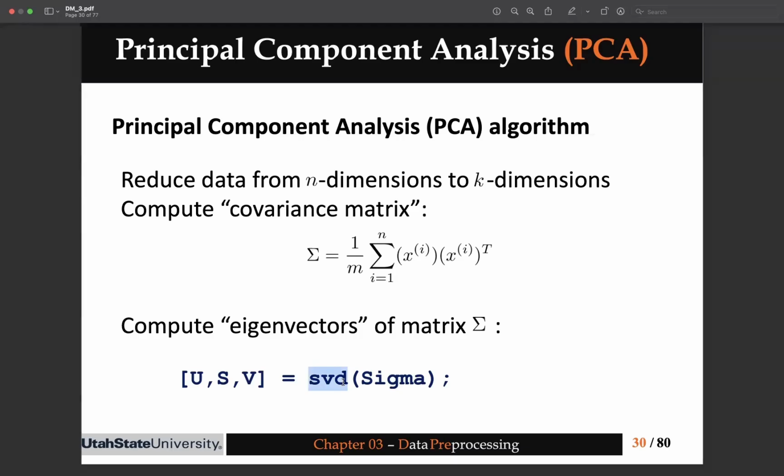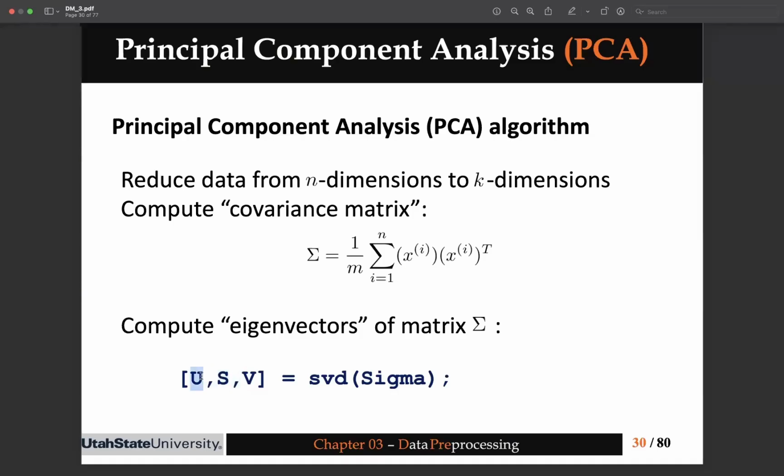We just need to know that SVD is a matrix decomposition method which gives us three important matrices: U, S, and V. You can forget about V because it's not very important for us. But U is my eigenvector matrix, and S is my eigenvalue matrix.